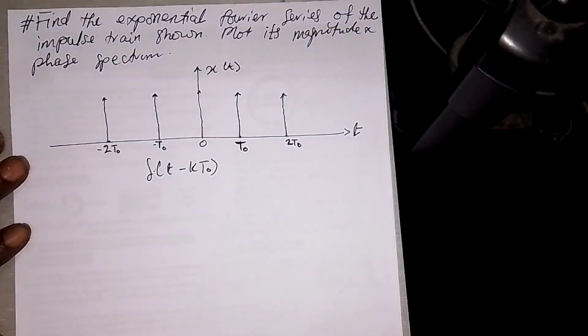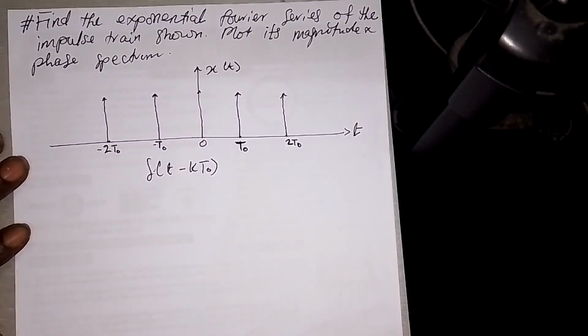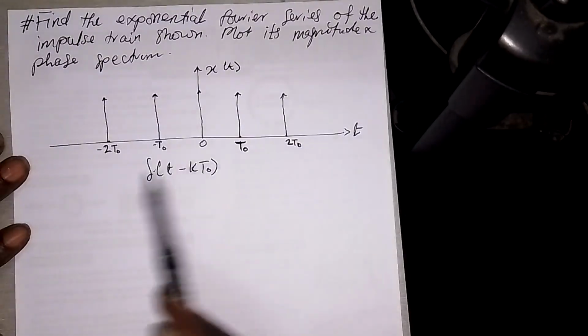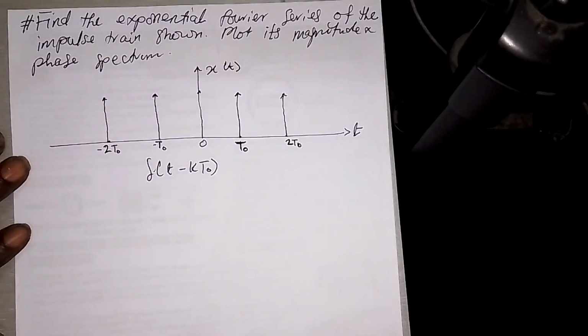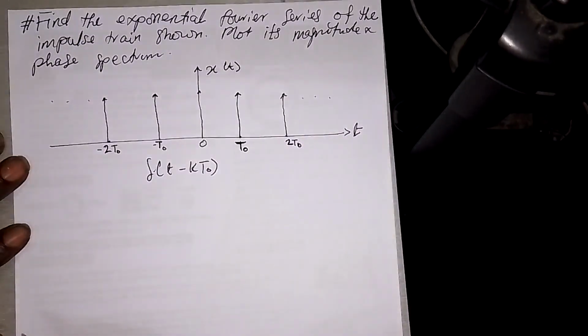I first introduced the 1 and 2 just to show you, but the question is actually like this. So this is the impulse train function you're supposed to deal with, and normally it goes on and on like that.